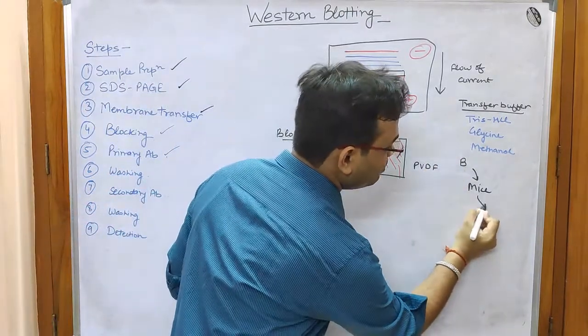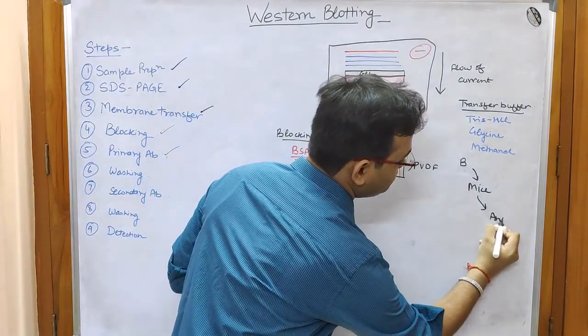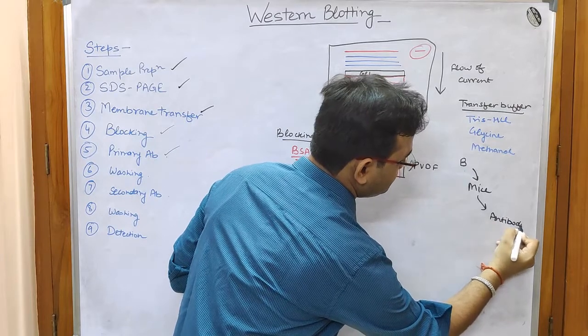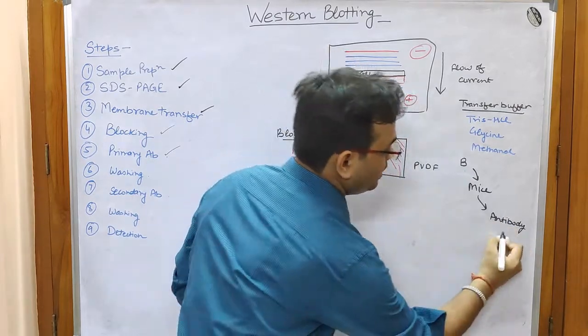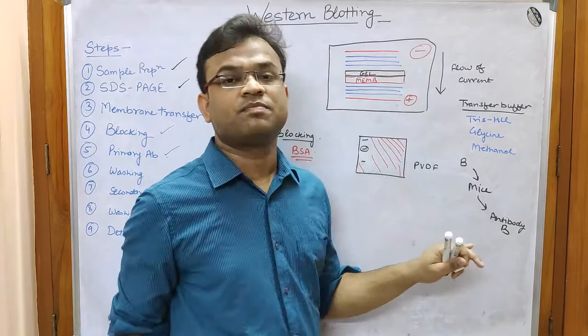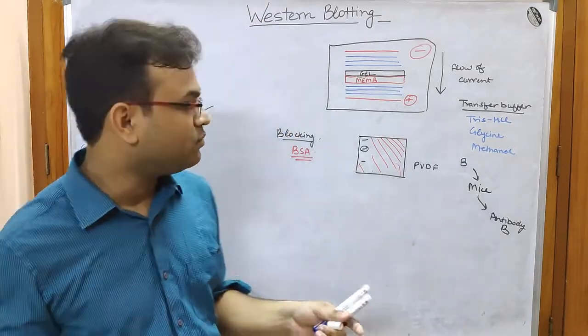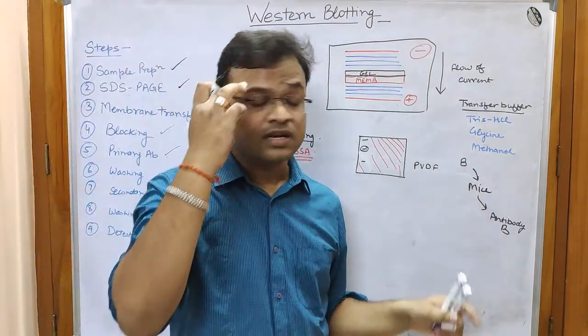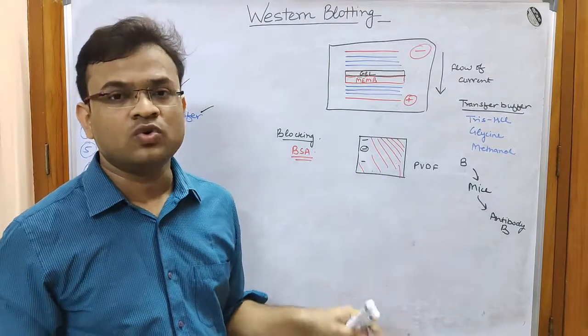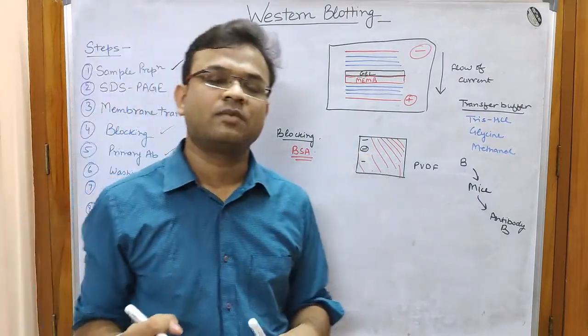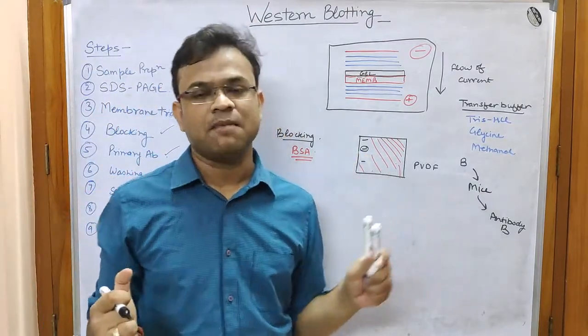So mice will produce antibody against B. Okay, against protein B, it will prepare those antibodies. So those antibodies we would use in order to identify whether our protein B is present in the sample or not.